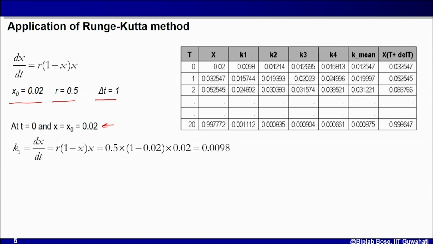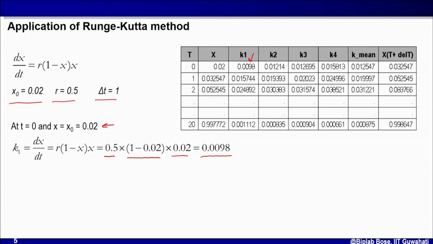So at this point, the slope k1 will be equal to dx/dt, that is r into 1 minus x into x, which is equal to 0.5 into 1 minus 0.02 into 0.02, which is equal to 0.0098. So in this table I have written it here, 0.0098.